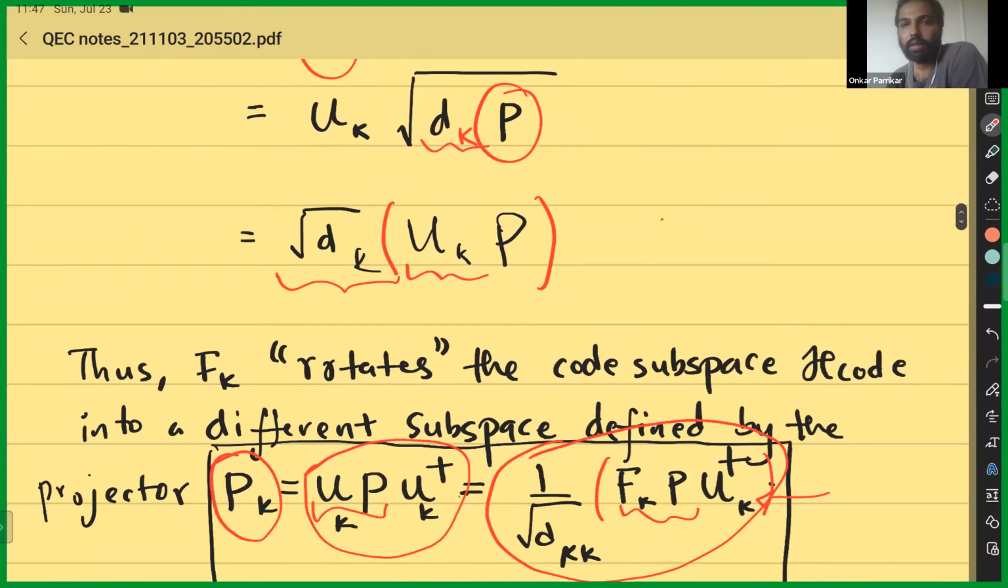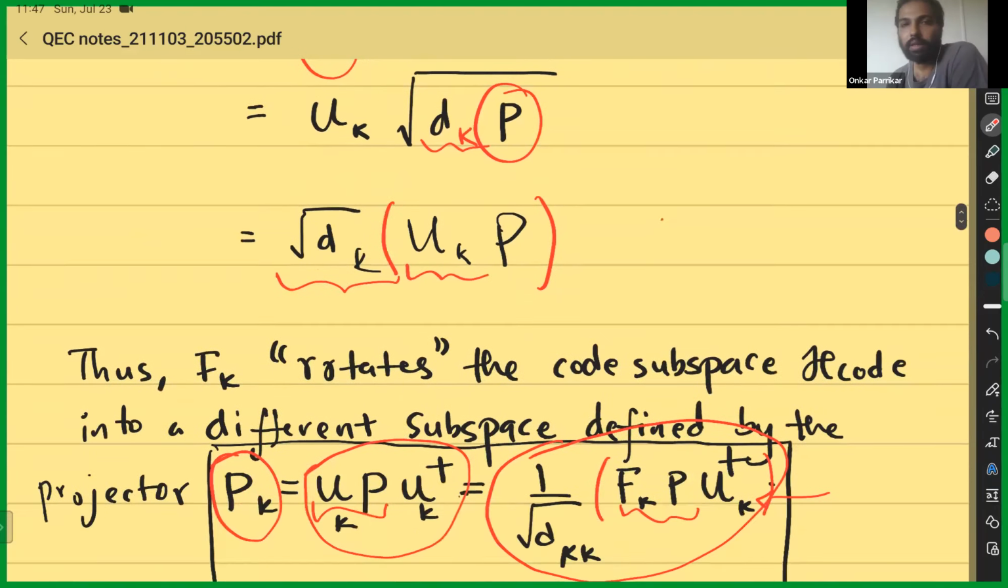So what this accomplishes is that we have all these projectors P_k, which are nothing but projectors onto the images of the code subspace under the action of various Kraus operators. The Knill-Laflamme conditions say that these are all orthogonal projectors.